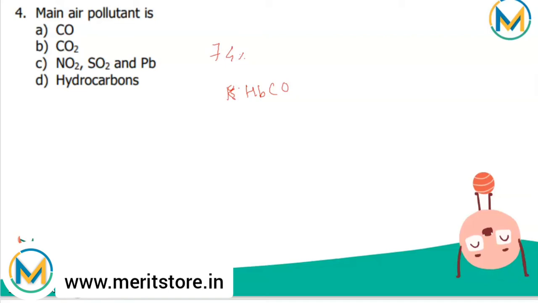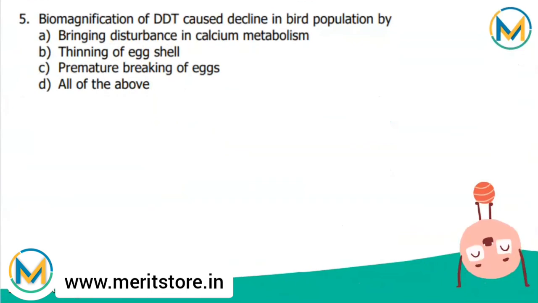So the correct answer for this question, that is the main air pollutant, is carbon monoxide. Option A. Looking towards the last question, that is biomagnification of DDT caused decline in bird population by.